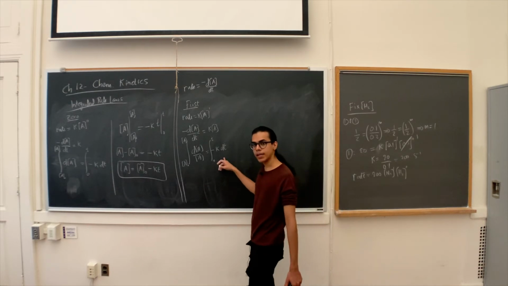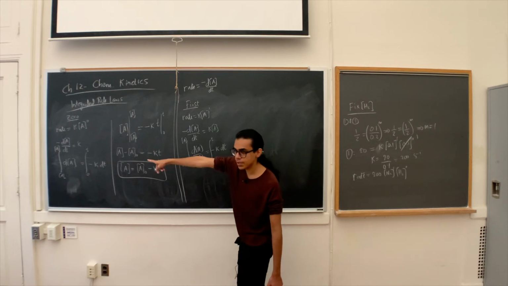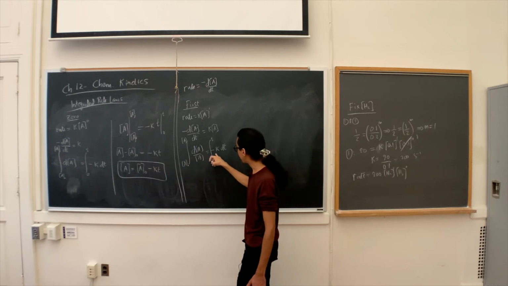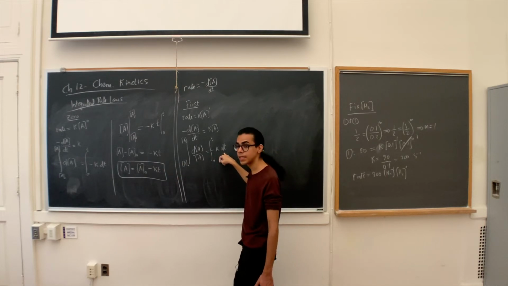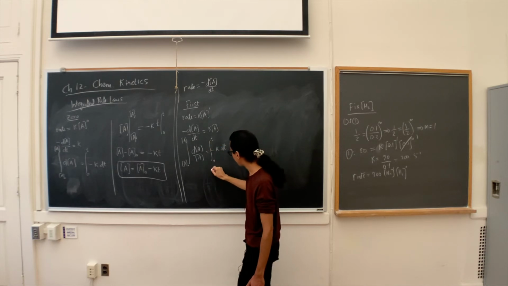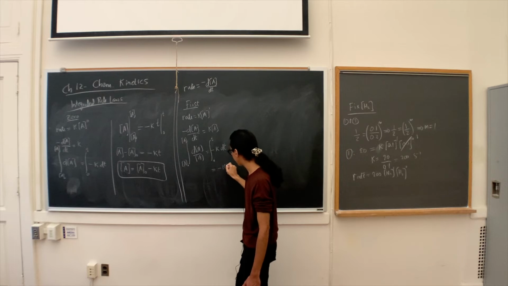You know what the right-hand side here is going to be, because it's the same as the other one. Just negative kt, right? Negative comes out, k comes out. Integral of dt is just t. 0 to t, that's t minus 0, just t. So the right-hand side here is no surprise, it's negative kt.